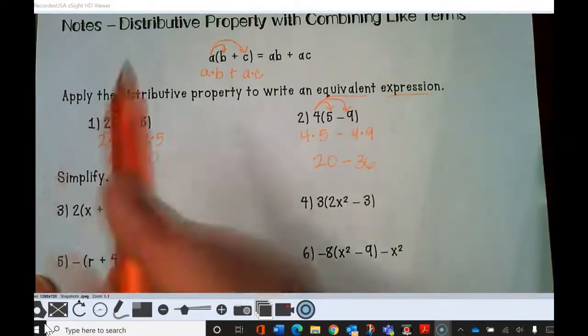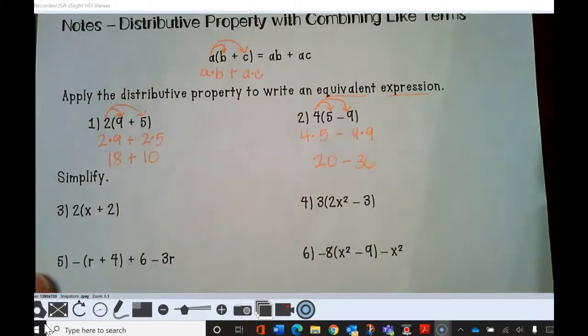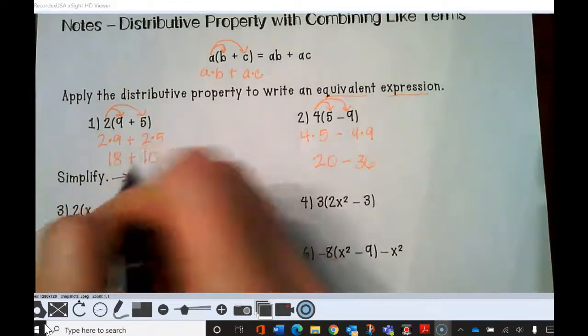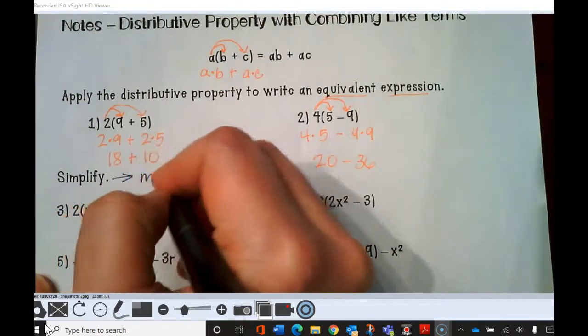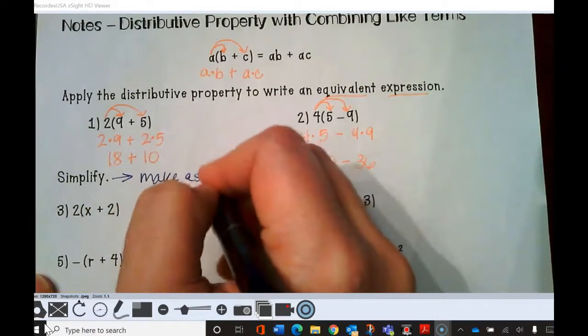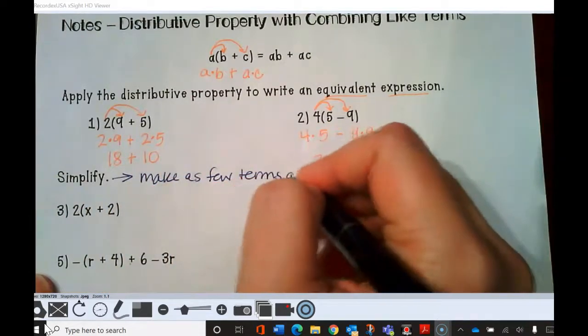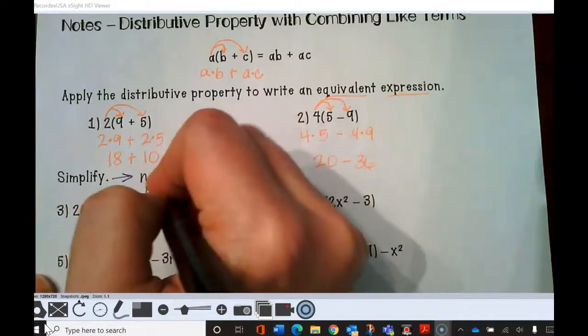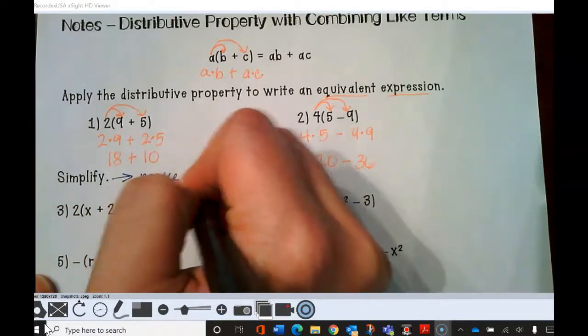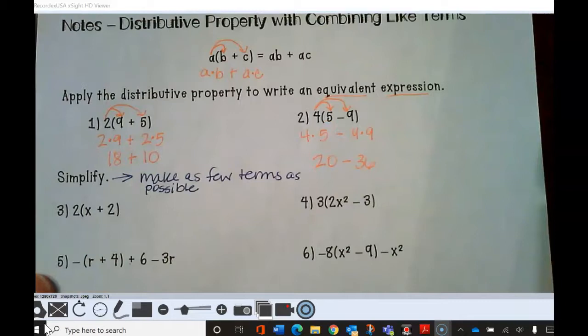All right, when you see the directions simplify, simplify means to make as few terms as possible. All right, here we go.